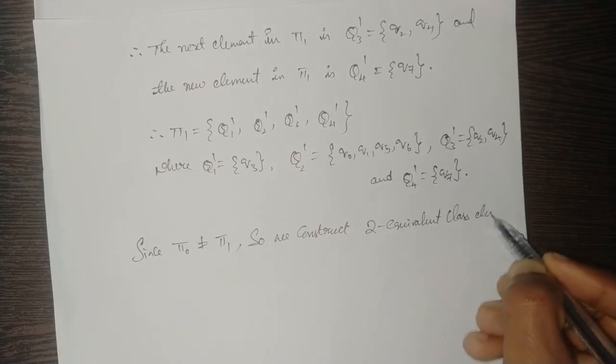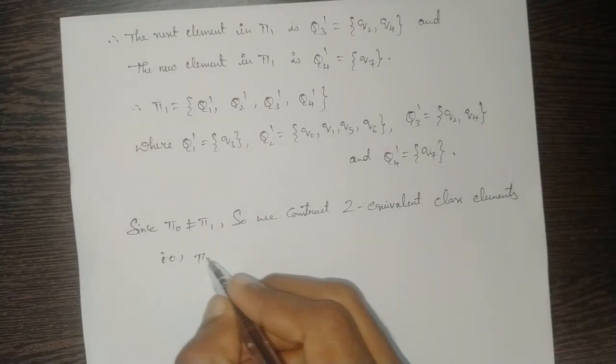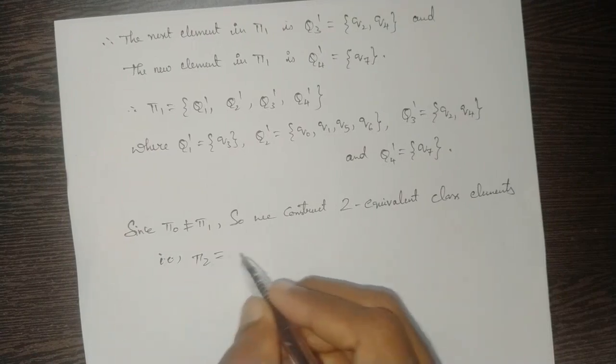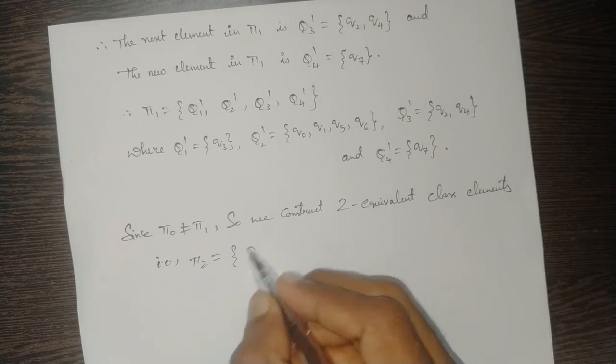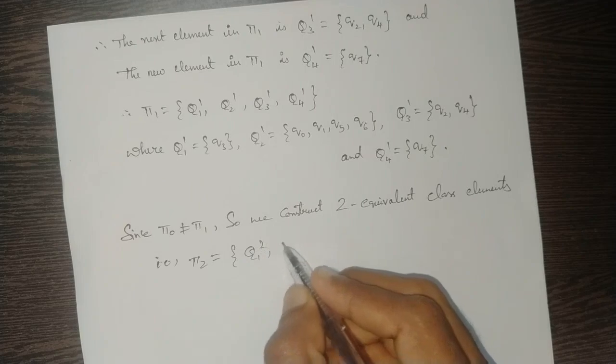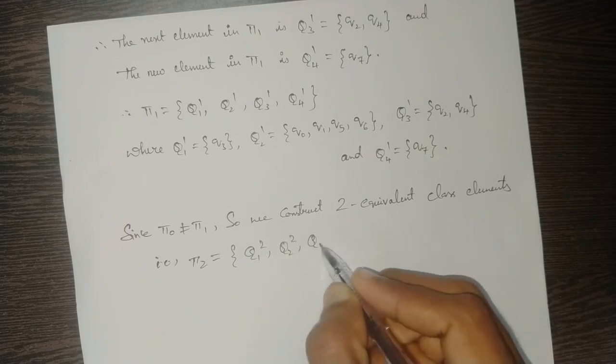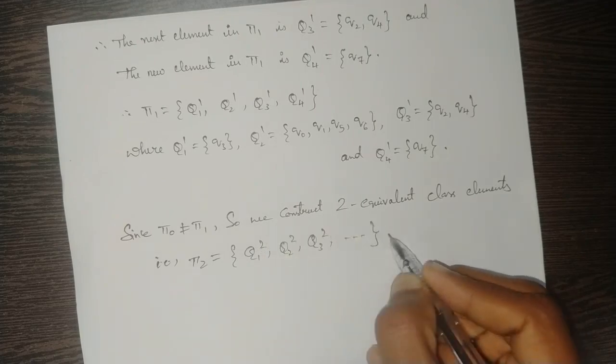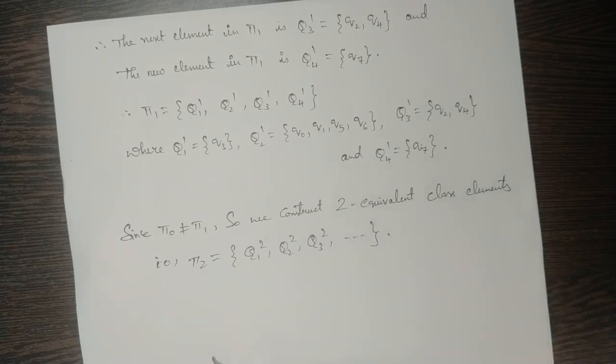That is, I2 equals Q12, Q22, Q32, and so on.